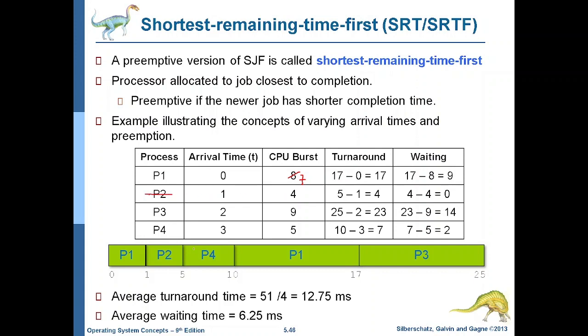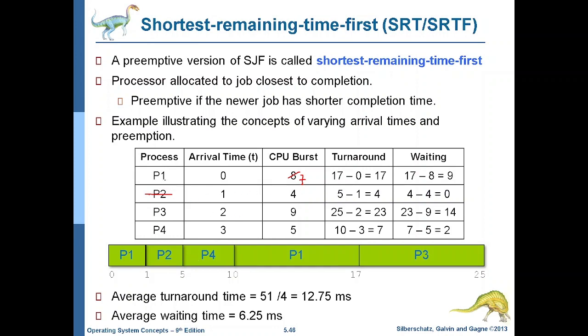Then we will start from time 5. So at time 5, which process is available? Because the arrival time for P4, which is the last process, is 3, the latest will arrive at time 3. So at time 5, all processes will be available except for P2, because P2 has already finished executing.